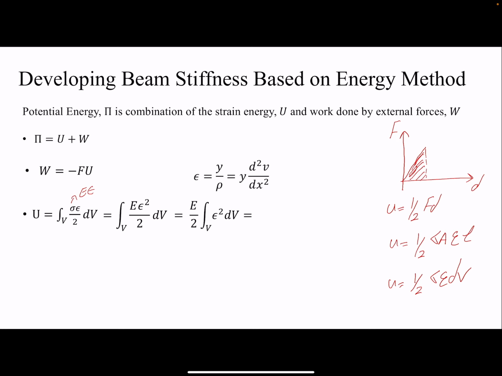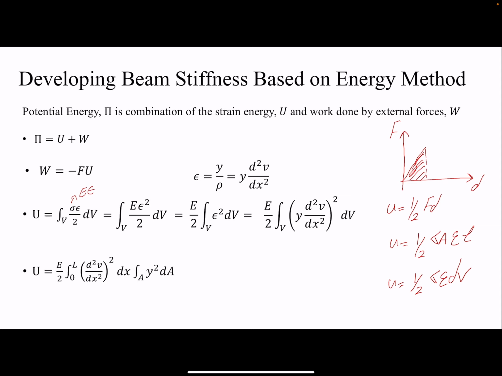We saw in the previous video that epsilon is y over rho, where y is the distance from the central axis and rho is the radius of curvature. Or we can write it as y times the second derivative of deflection. If I replace it in the equation, I can further simplify.